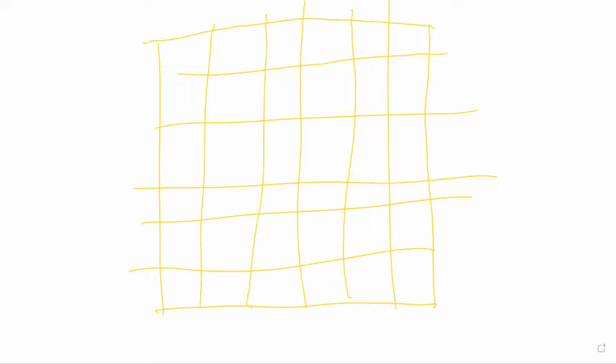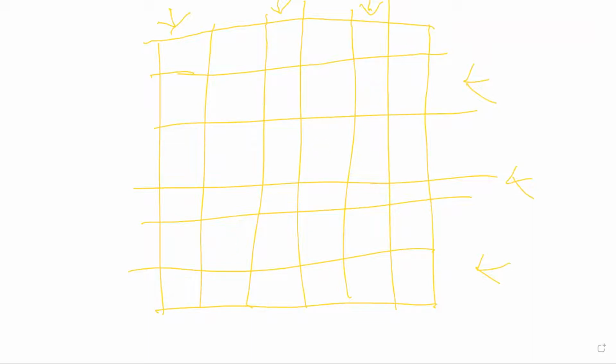So what I did is, for each of these rows and columns, the 99 squares that I switched were the ones that were not on the diagonal here.